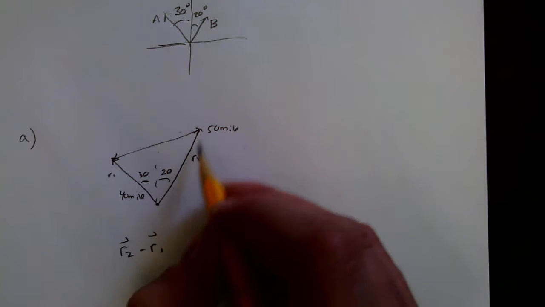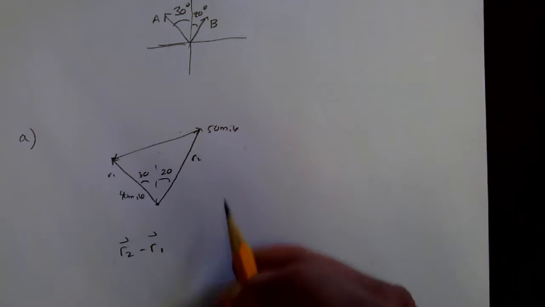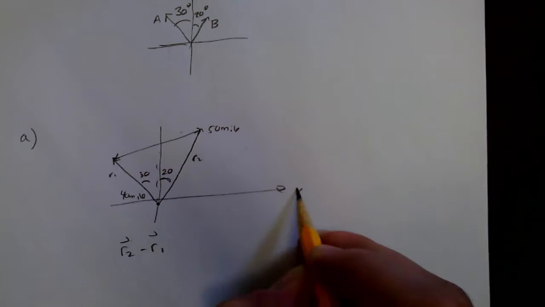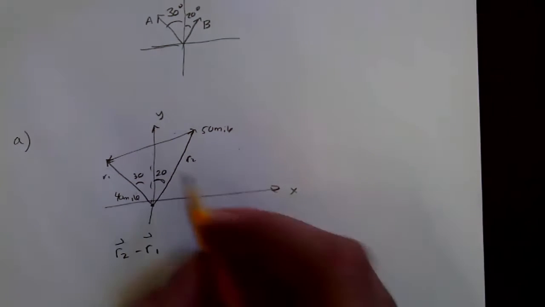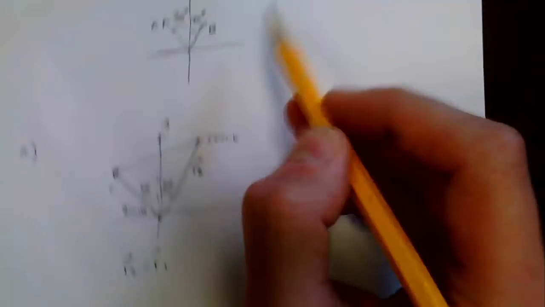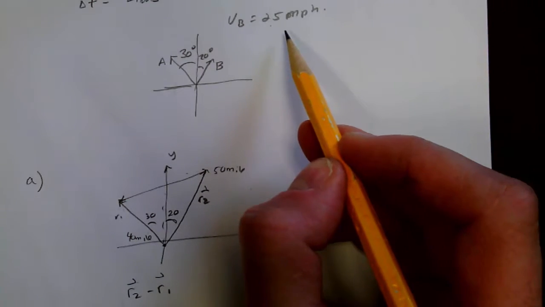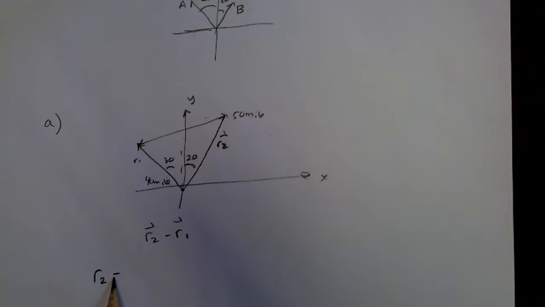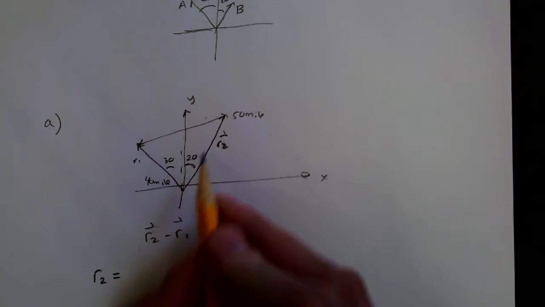But let's see, R2 here, so we say the length of R2 is 50 miles. So let me put X and Y coordinates here. It's 50 miles because I went for 2 hours at 25 miles per hour. So R2 will have a component in the X direction.